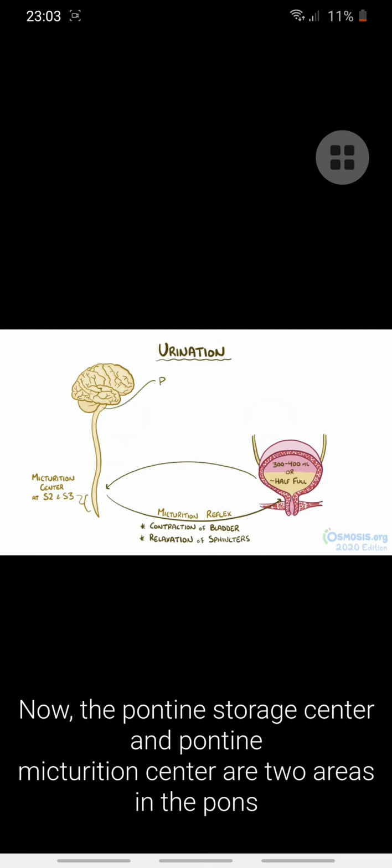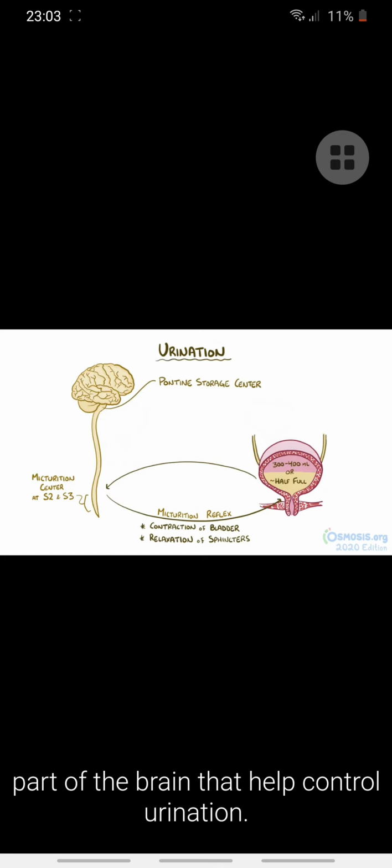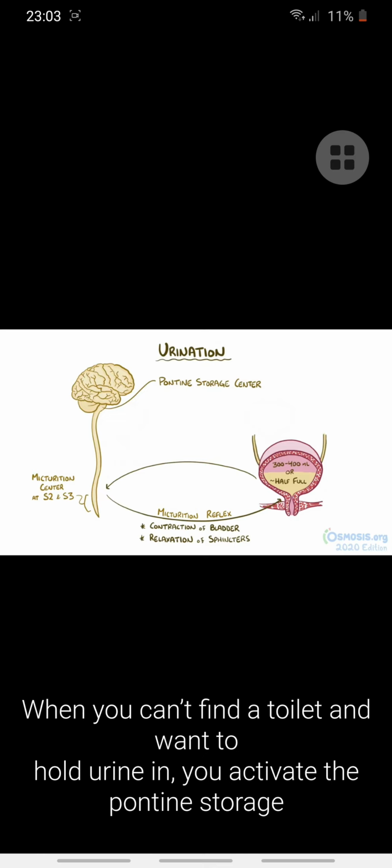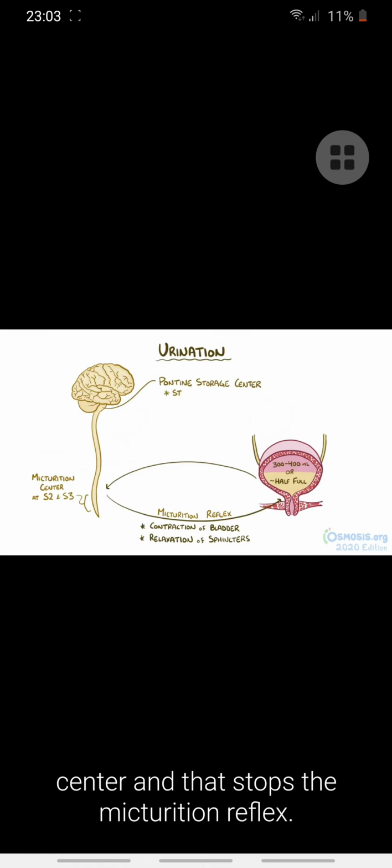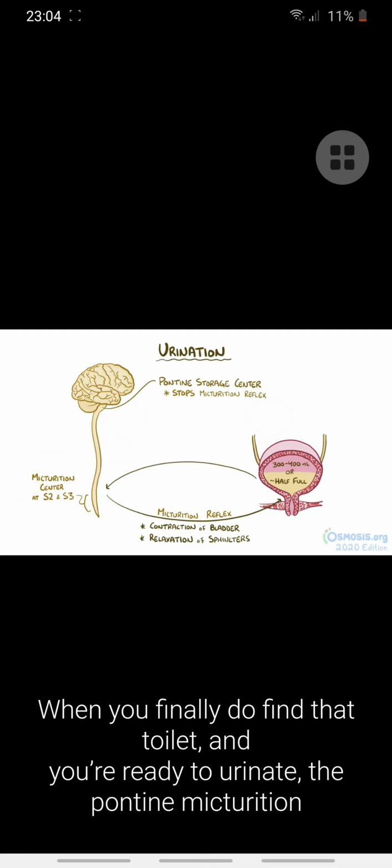Now, the Pontine storage center and Pontine micturition center are two areas of the brain that help control urination. When you can't find the toilet and want to hold urine in, you activate the Pontine storage center, and that stops the micturition reflex.